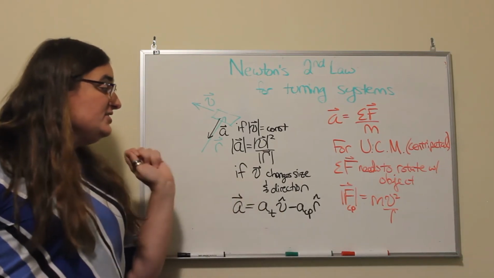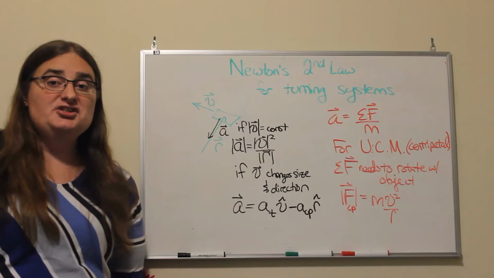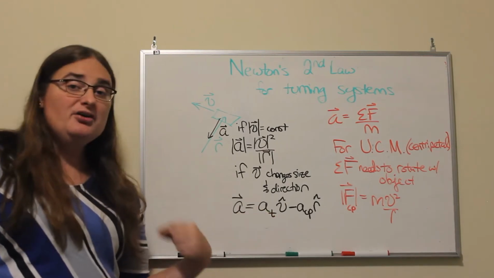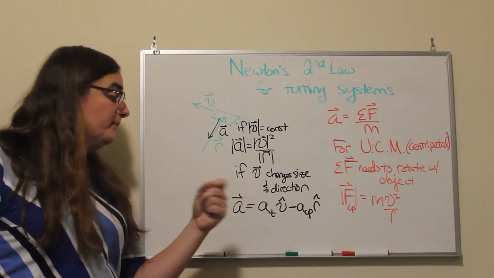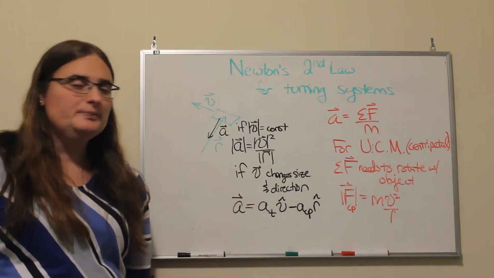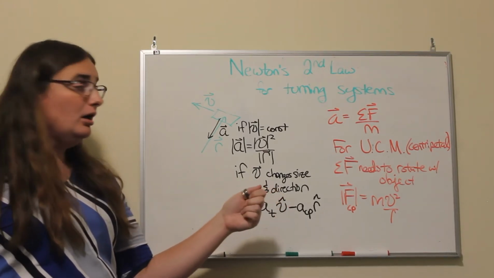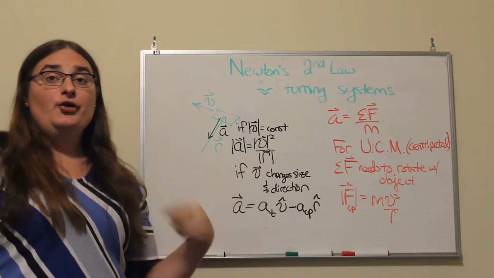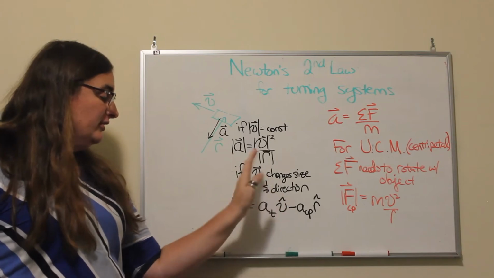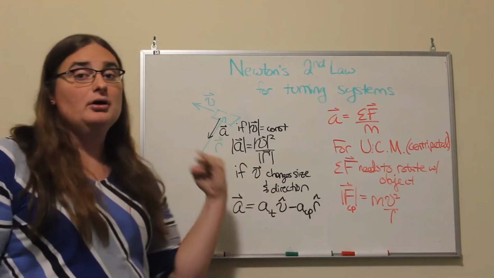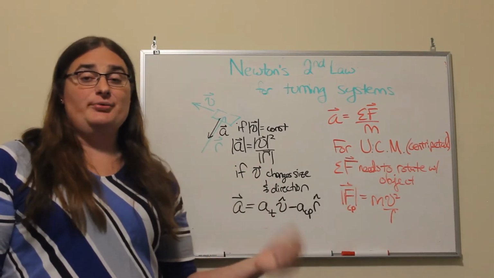Now, if the speed is changing and the direction is changing, we said we also had a translational or tangential component to our acceleration that acts along the current direction of the velocity, what we call the v hat direction.